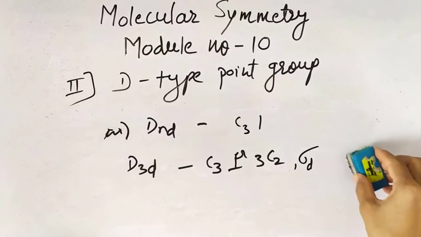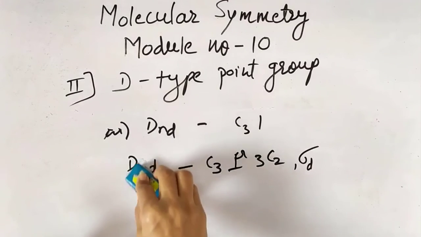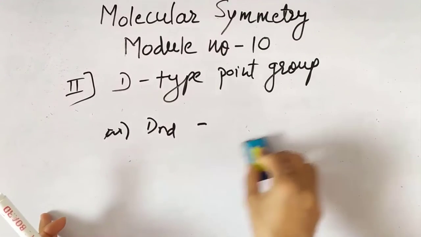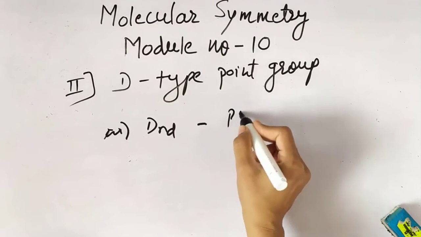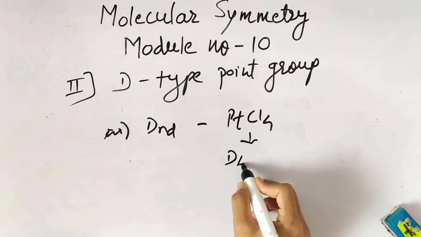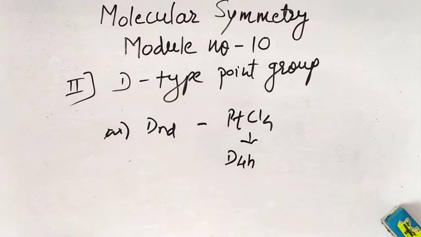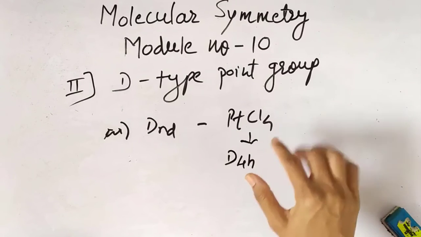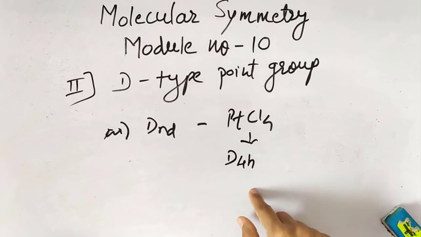So the better example for this D4H is the PtCl4 molecule. It has the point group D4H. I am already giving you the main answer for this PtCl4 molecule. It belongs to the D4H point group.